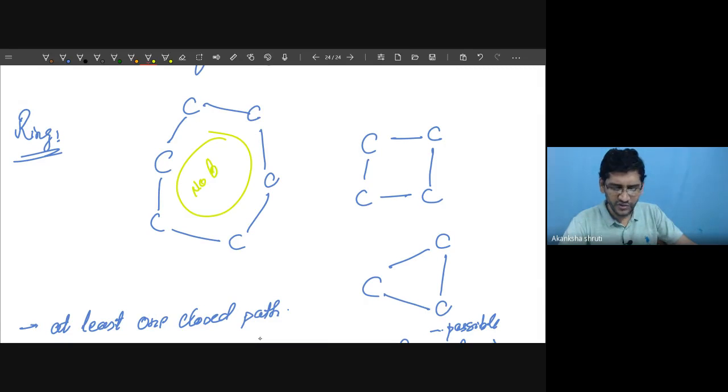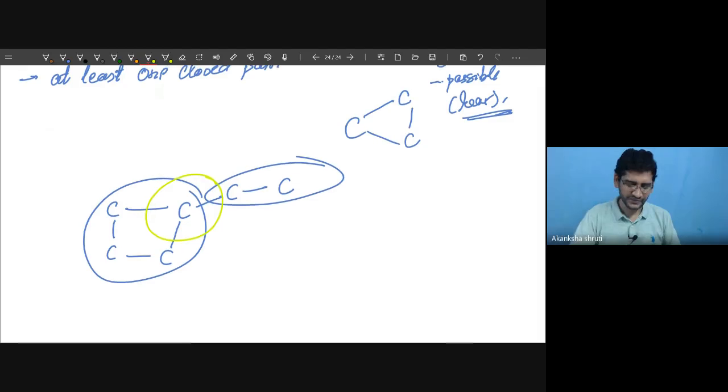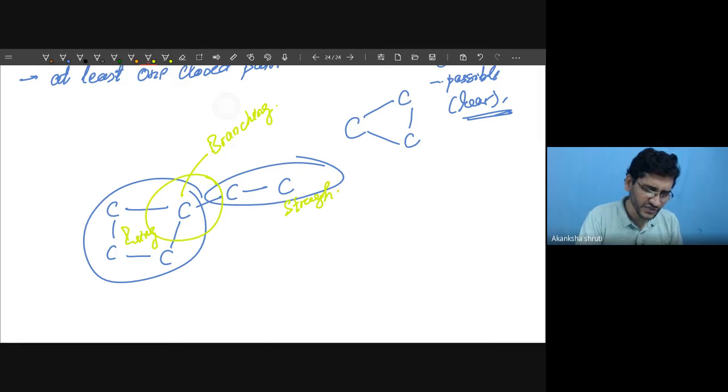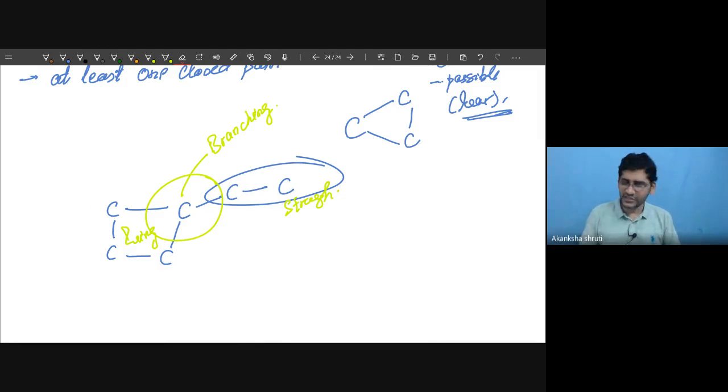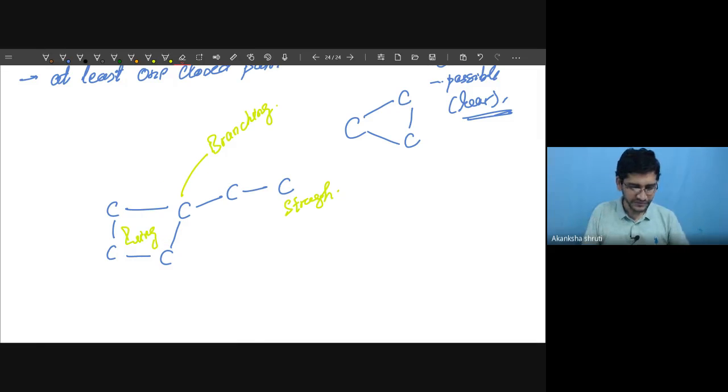Here no branching, though it is closed, but here it is the ring and this is the straight chain. These two are connected by this branching. Are we getting this much? These things are very important. Just you need to understand. Okay, student?